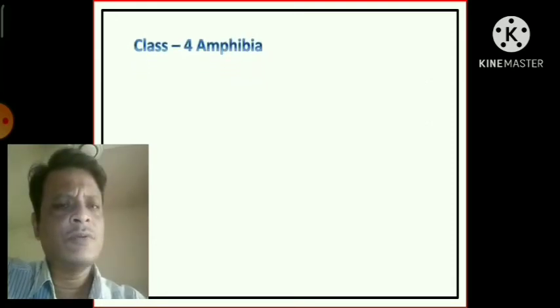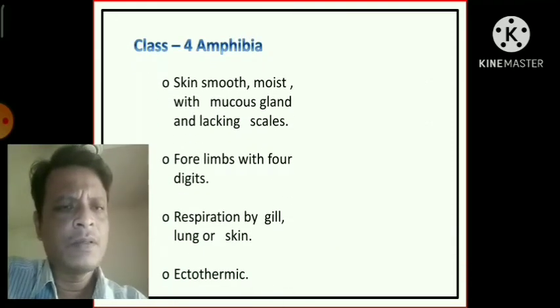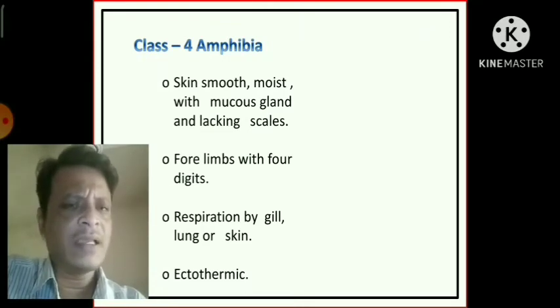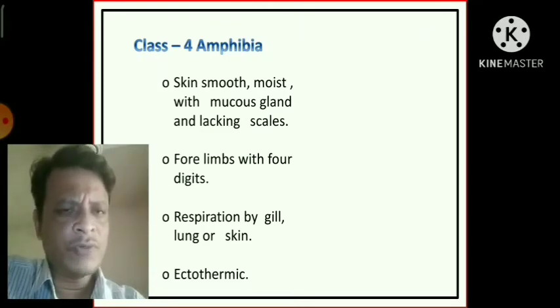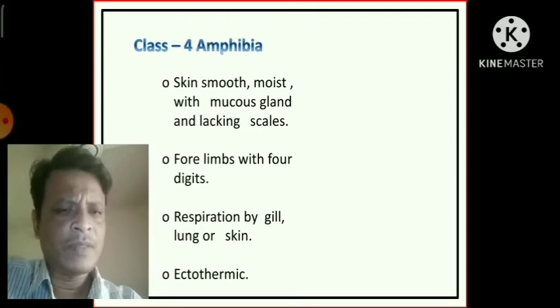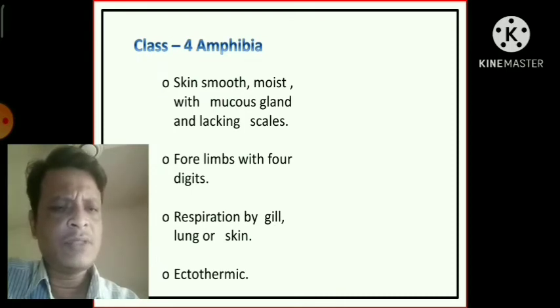Now the class 4, that is the Amphibia. The skin is smooth, moist, with mucous glands and lacking scales. 4 limbs with 4 digits, respiration by gills, lungs or skin. They are ectothermic. Ectothermic means the body temperature changes depending on the temperature of the environment.